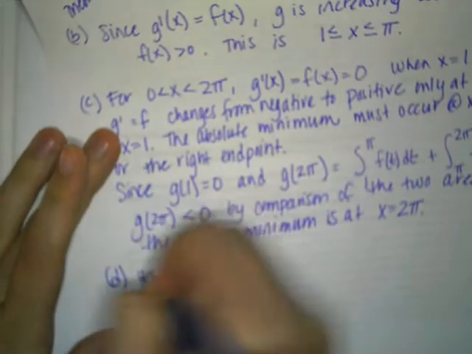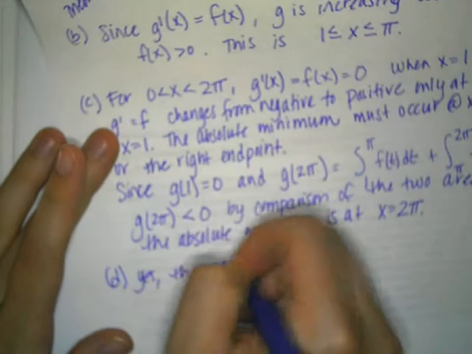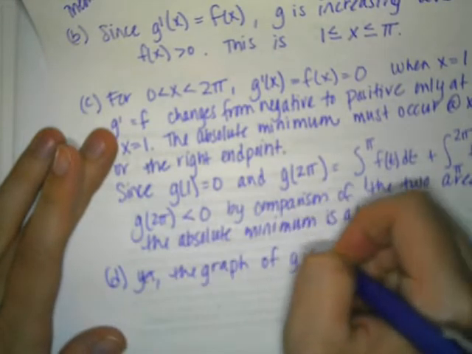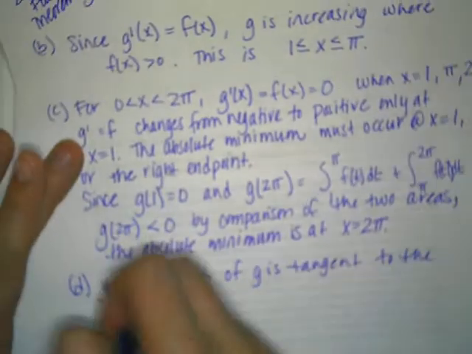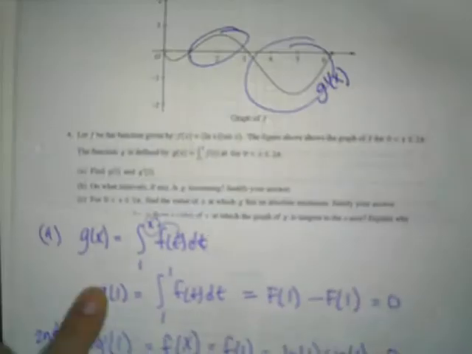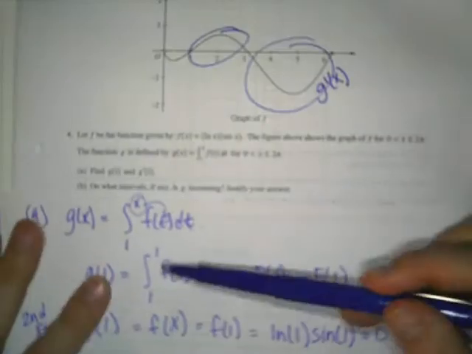Okay, and then for D, for 0 to 2 pi, is there a value of x at which the graph of g is tangent to the x-axis? Explain why or why not. And we would say, yes, the graph of g is tangent to the x-axis, and the reason being, my first step here, when I plugged in 1, I got 0.